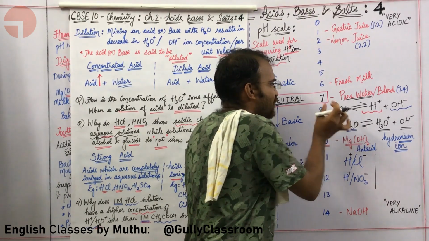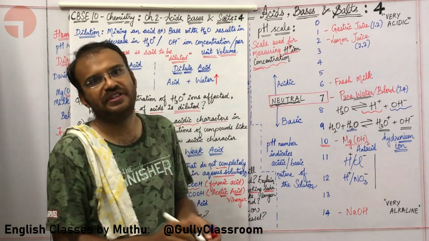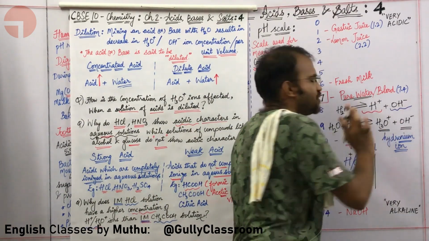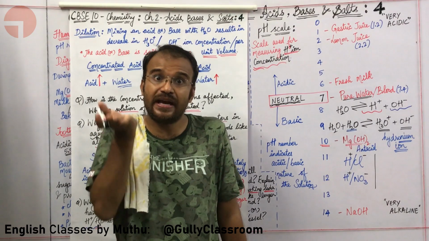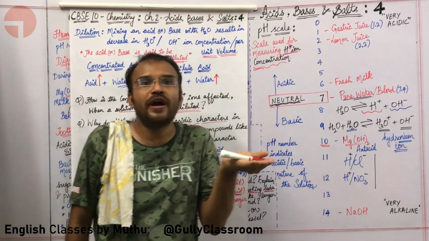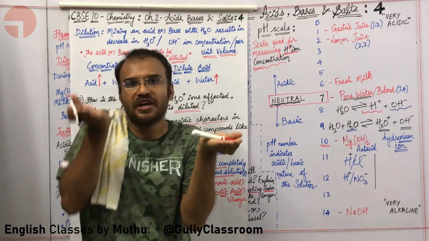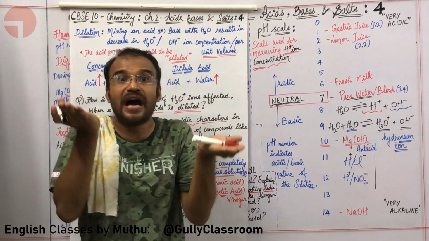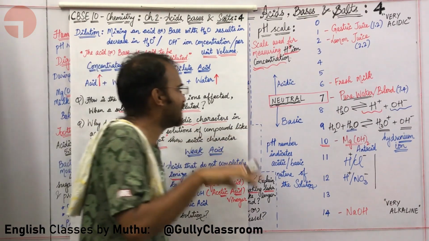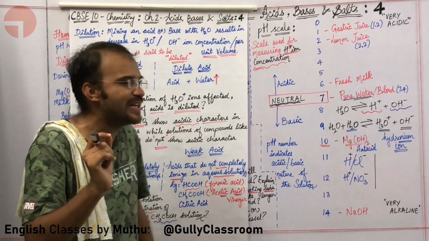If each and every water molecule is breaking and forming H plus and OH minus ions, then there are equal numbers of H plus and OH minus ions. Only if H plus ions are greater in number, then the solution will become acidic. Only if OH minus ions are greater in number, then the solution will be basic. If both H plus and OH minus ions are equal in number, then they will compensate one another and that particular solution is called neutral.